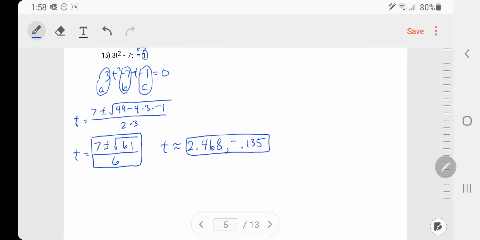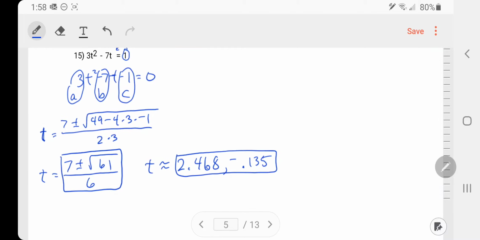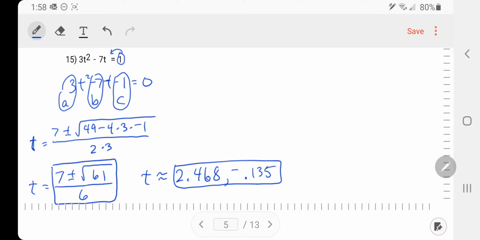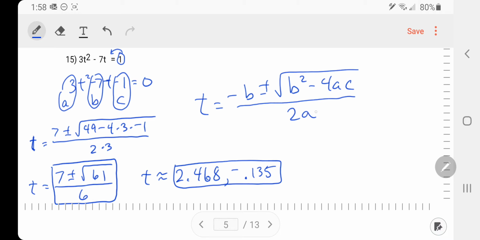And so if we pull that back, you can see the whole thing there. Bam. I don't know, maybe I should give the quadratic formula on there just in case. t is equal to negative b plus or minus the square root of b squared minus 4ac all over 2a.